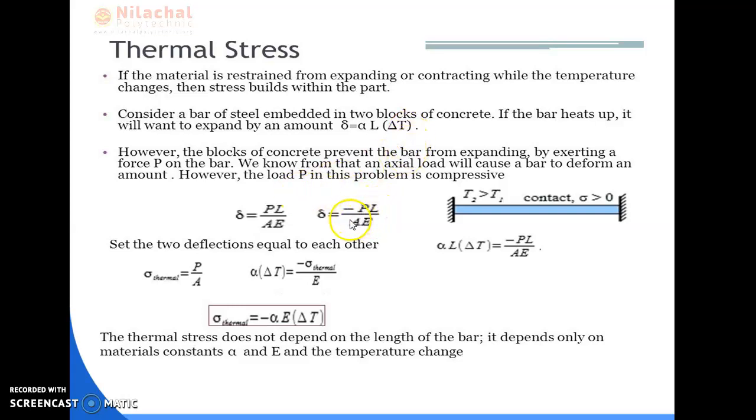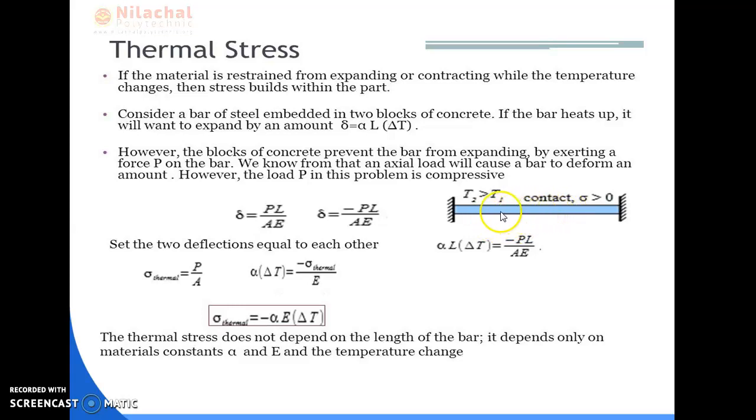Again, as shown in the figure, we have a bar whose both ends are fixed. Now, if we apply heating, what happens?